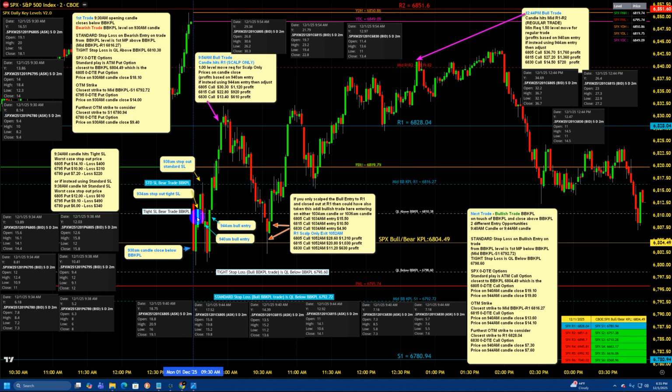In this particular opening trade, we're stopped out whether you were using the standard or the tight stop loss. So the tight stop loss was stopped out on the 9:34 a.m. candle here. So you have the prices on the 9:34 a.m. candle here for each one of these.